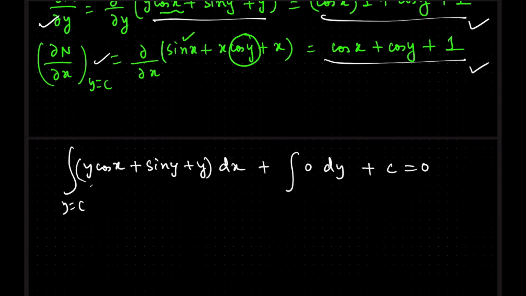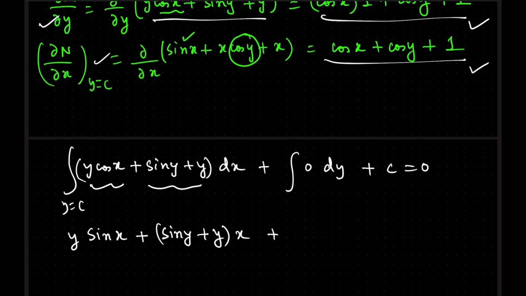Integrating the first term, y is constant, so y will be as it is, and the integration of cos x is sin x. Then these two terms are constant because y is constant, so sin y plus y, and x will come outside because we integrate with respect to dx, plus c equal to 0. So this is our final answer.